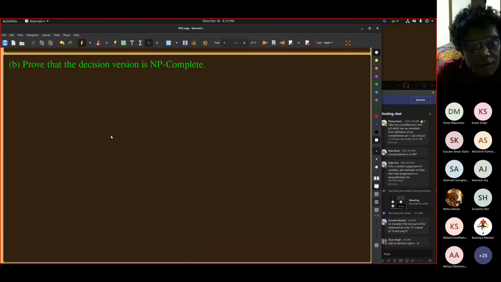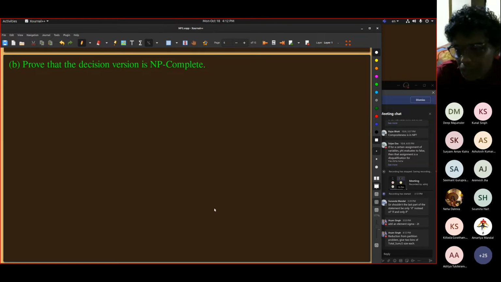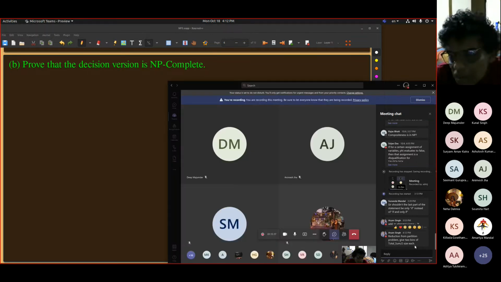Any suggestion? From partition given 2 bins. Yes, exactly. Intuitively clear, right?